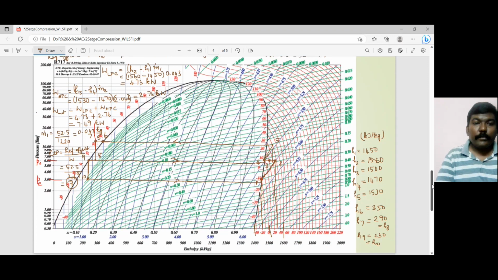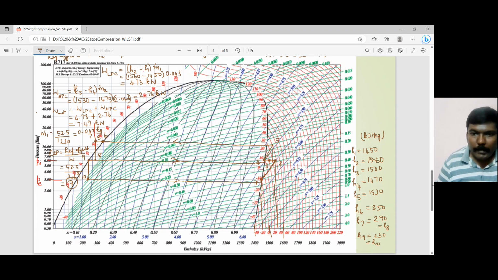But they also want us to find the swept volume of both the compressors. So now we need to find one more input. If you look at point number one, I have marked it, and the green colored lines that are passing through are the specific volume, in meter cube per kilogram.